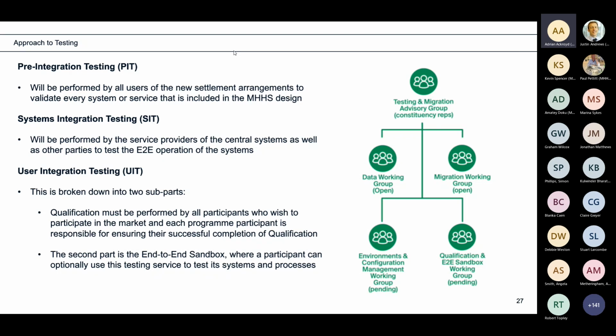And then, partially in parallel with that, we're going to have the user integration testing. So this particular phase would be broken down, as we see it at the moment, into two activities. One is the qualification, which must be performed by all participants who wish to use the new settlement system. The details of that qualification are still being worked through with Power BI, Exxon, etc., and the other code bodies.